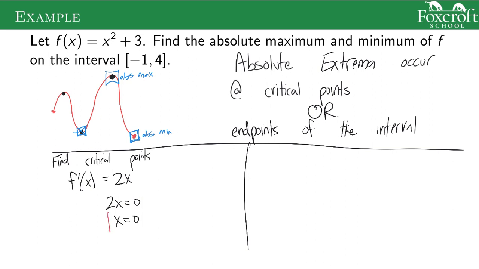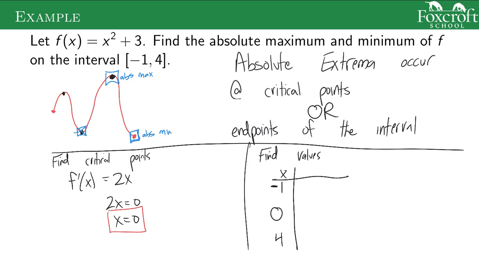So our one critical point is 0. And now we find the values. We have three values we have to try for this problem: the endpoints, -1 and 4, and also any critical point, which in this case is 0.